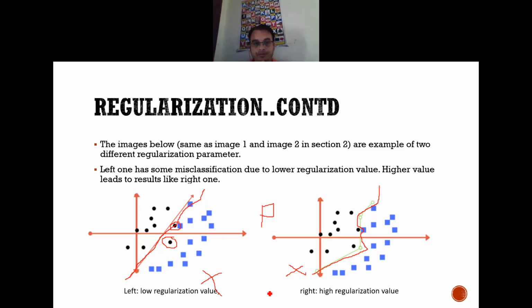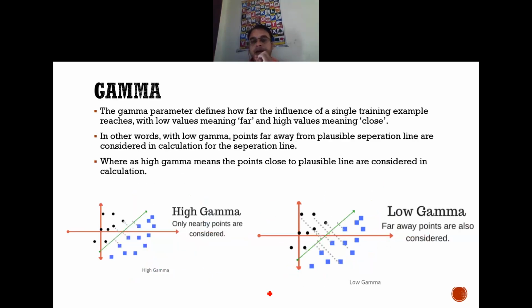Okay, now the next parameter is gamma. What we first understood was regularization, which is nothing but the C parameter. Now we are discussing the gamma parameter. So what is the gamma parameter? The gamma parameter is required here to classify the particular data with what kind of linearization method.